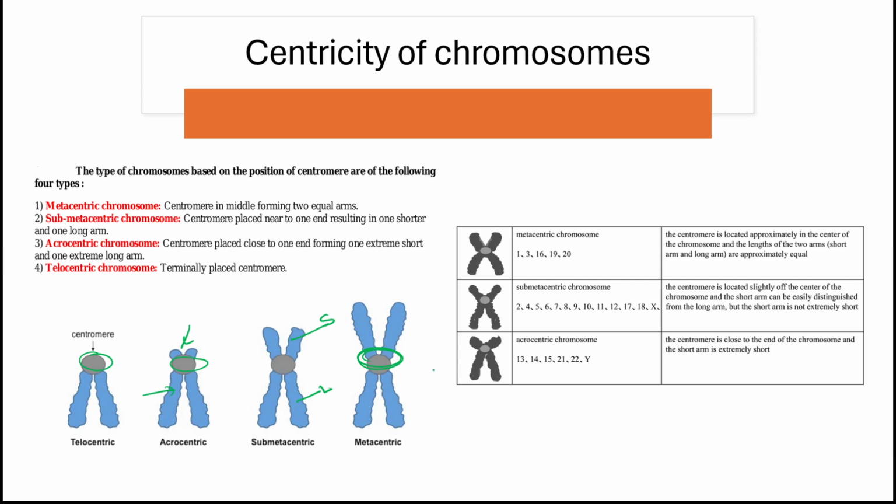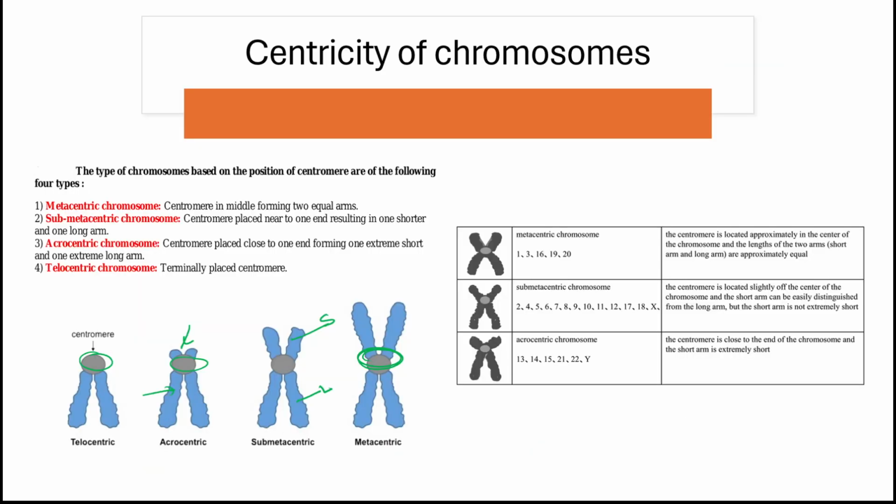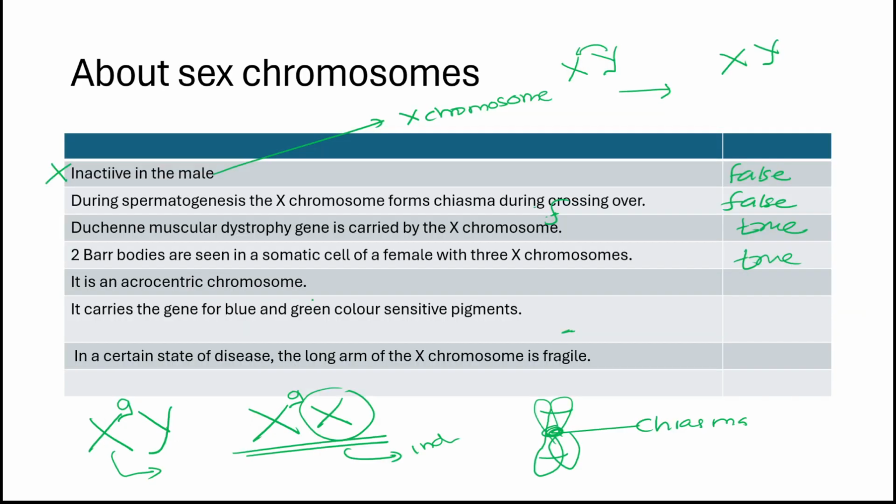Now, in this statement, what they have been asking is whether it is an acrocentric chromosome. It's something like this. Y is acrocentric, whereas X would show metacentric, submetacentric. So again, Y is the one that actually shows acrocentric, but submetacentric is shown by X. Hence, when it comes to the sex chromosome, it is an acrocentric chromosome.